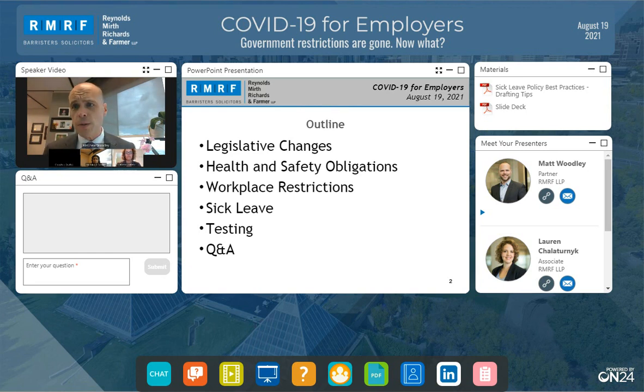If you're following the news at all, you will note that there are a number of organizations, government and otherwise, that have recently announced a requirement for vaccinations or a requirement for testing in the event that an individual does not have vaccination. So we'll talk about some of the practicalities dealing with issues around testing.